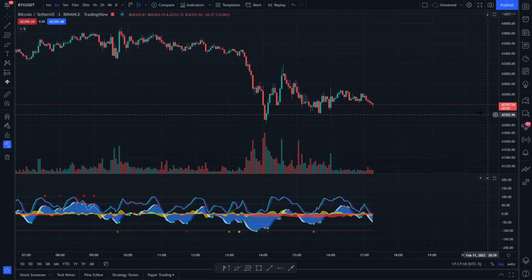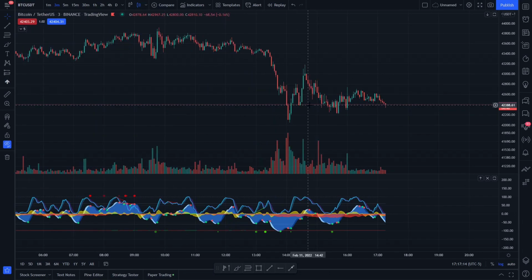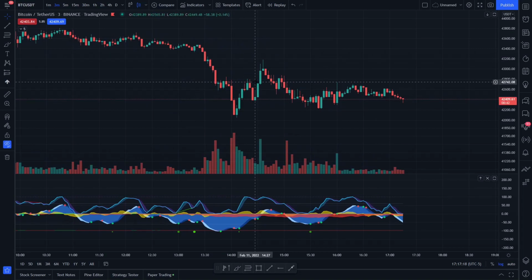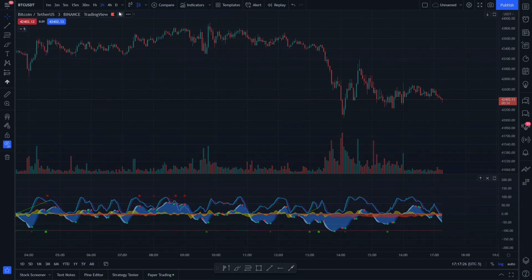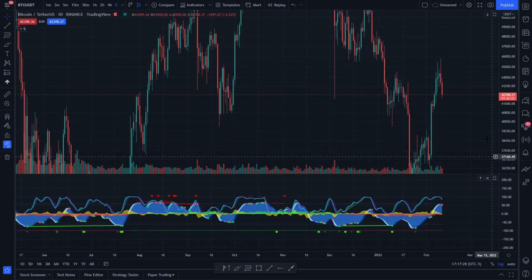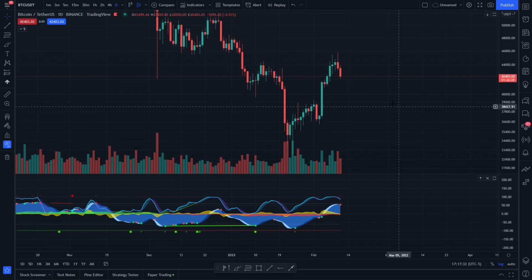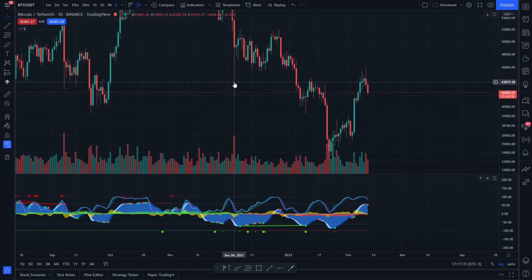So if you're using it to scalp, you already know to use it on smaller time frames, but you can also have a lot of misleading things. You have a lot more dots, which means a lot more fluctuation, a lot more crosses over the zero line. It doesn't stay as solid. But if you're looking just for general trend, even if you go on the daily here, overall it's been a seller's market since December.